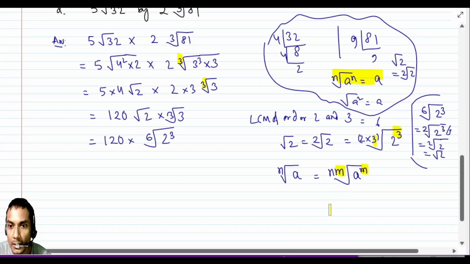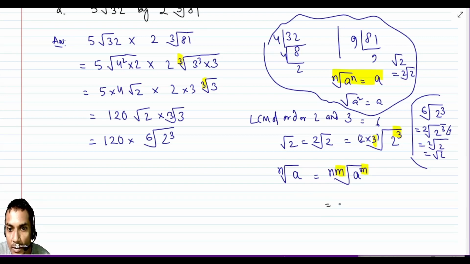Why? Because if you simplify this, you keep n here, and another thing you can do is e to the power m. Now we just try to understand it.